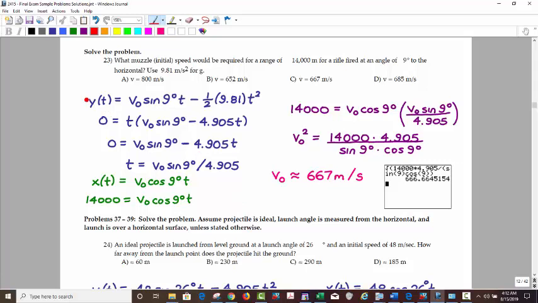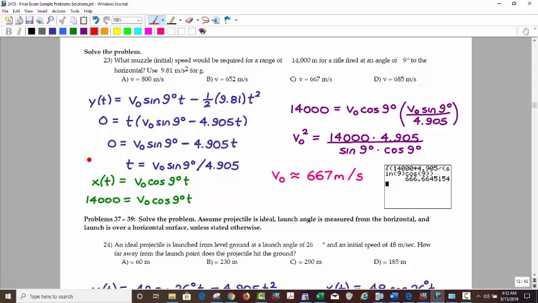So the y of t equation will be v0 sine 9t minus 1/2 9.81 t squared. And we have the x equation, which is x of t equals v0 cosine of 9 degrees t. So with the x and the y here, we have two equations with two unknowns, v0 and t.